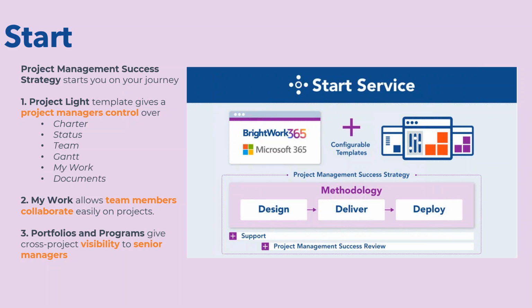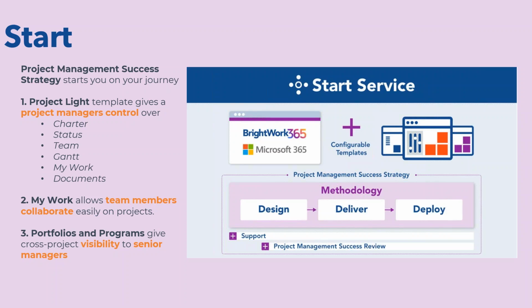And in your project management success strategy, you might have lots of things you'd like to do, and you might elect to start with 2 or 3. So here's a sample of 3 elements you might wish to start with. The first might be a project light template. So you get lots of projects up and running with a reasonable, modest, not too much amount of project management.